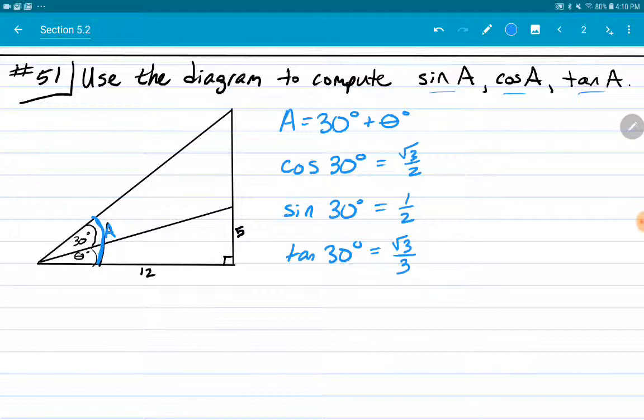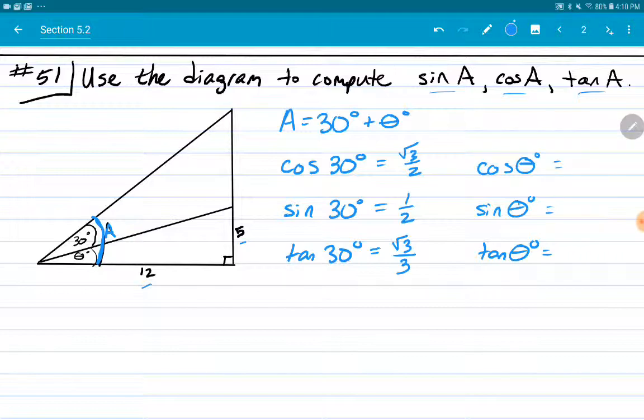And we need to find cosine of theta, sine of theta, and tangent of theta. But we don't know what theta is, so how do we do that? Well, we do have some hints because we have a 5 and a 12 over here. If I had that third side, then I would be able to find them.